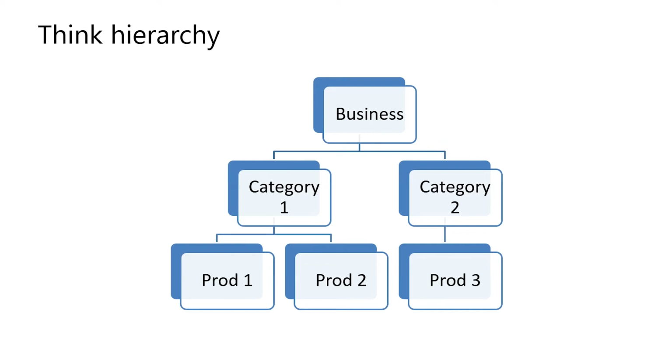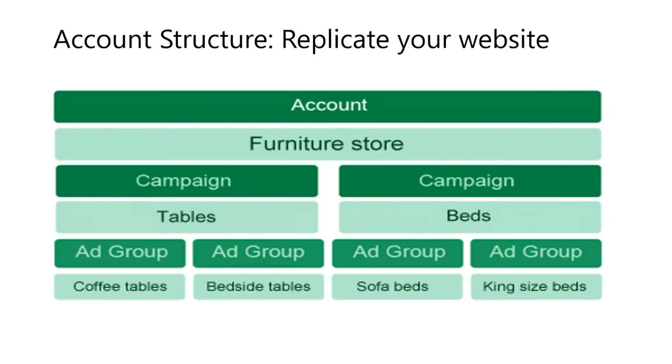So product 1 would be home furniture, product 2 would be office furniture. Whereas in United States, let's just assume that you're selling cookware, right? So product 3 would be cookware.